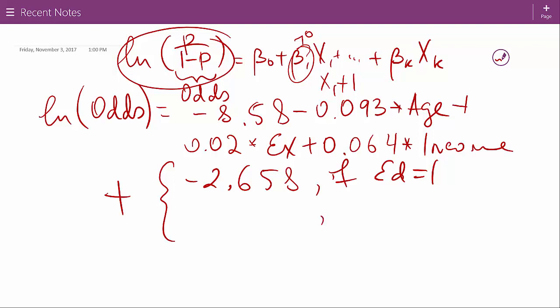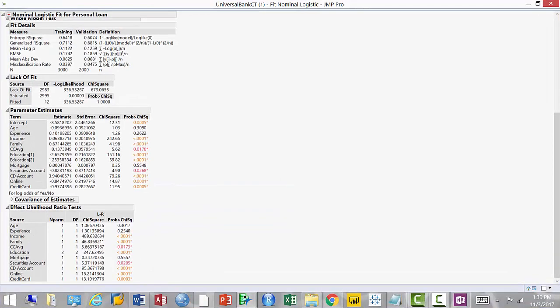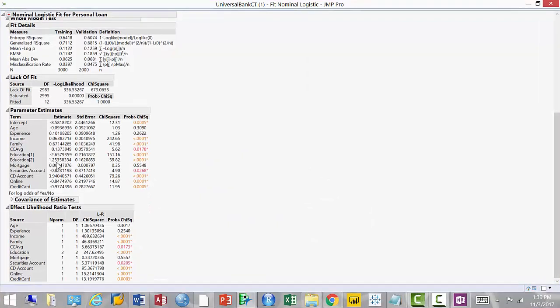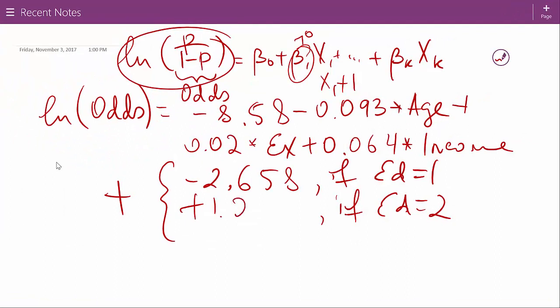If education equals 2, that means they have completed a master's degree, and my model is getting plus 1.254. And finally, if education equals 3, I multiply both of them by minus 1 and add them together.